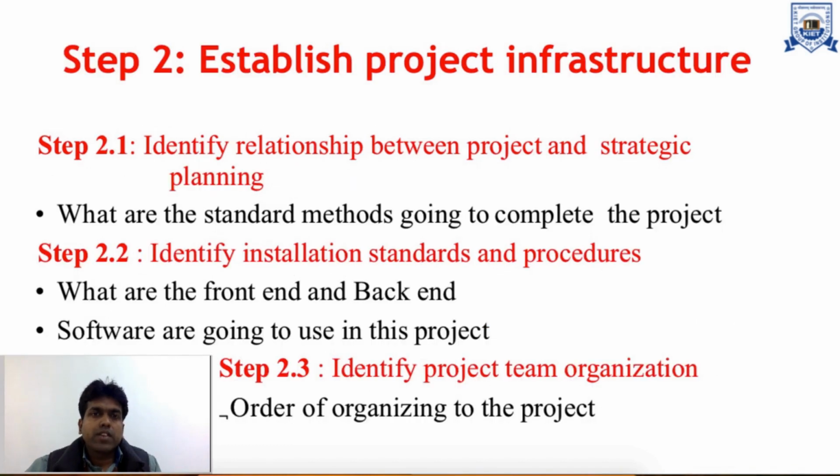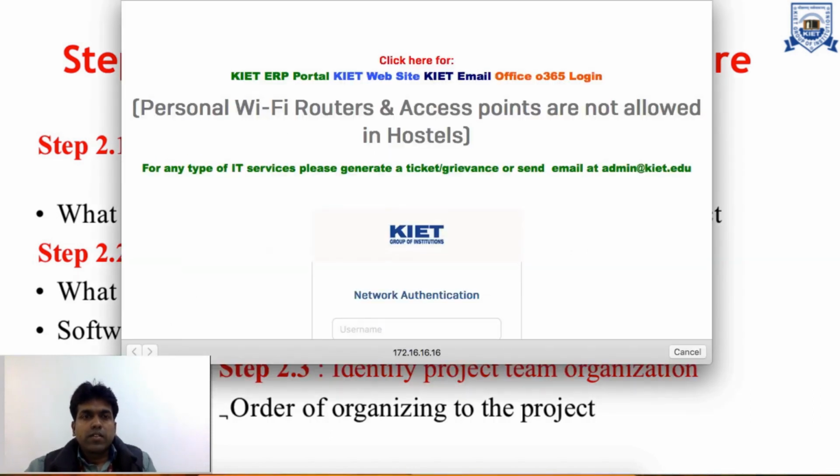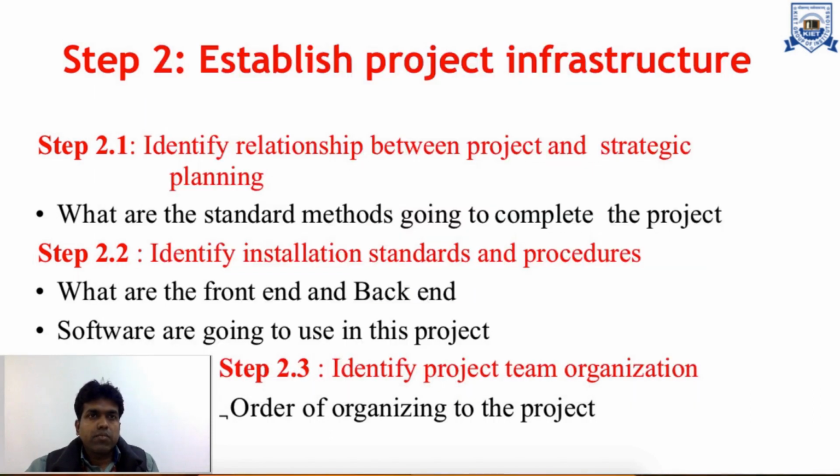Second step is establish project infrastructure. In this, there are various sub modules. Identify relationship between project and strategic planning. So you'll have to identify various relationships and strategic planning.